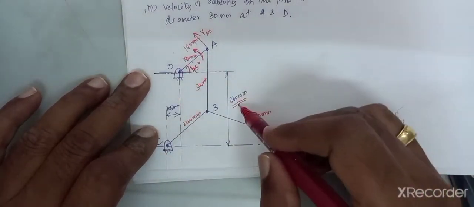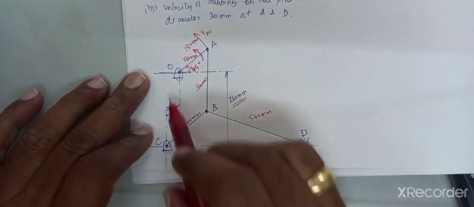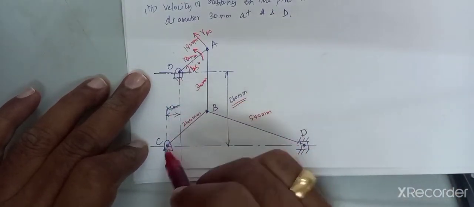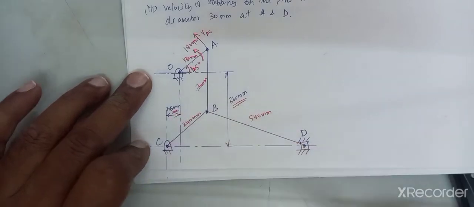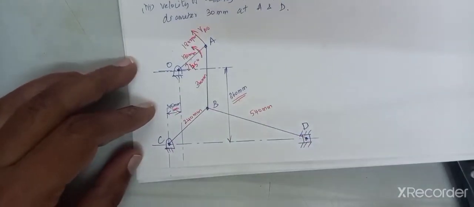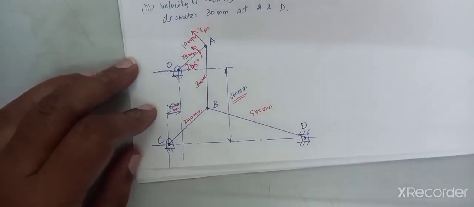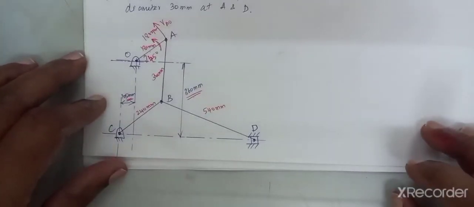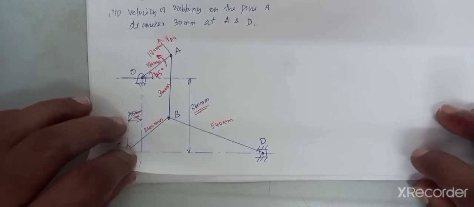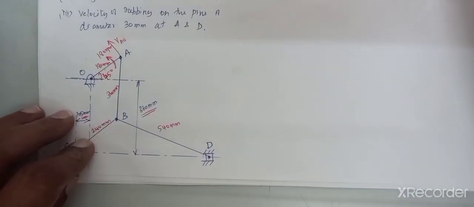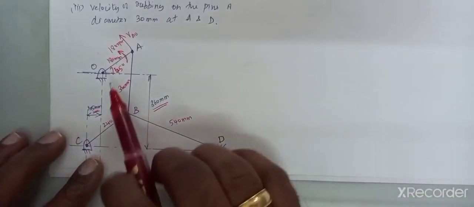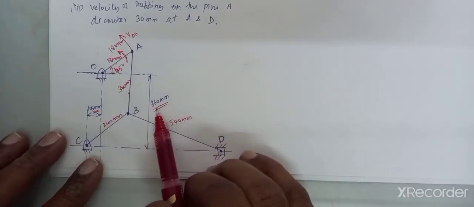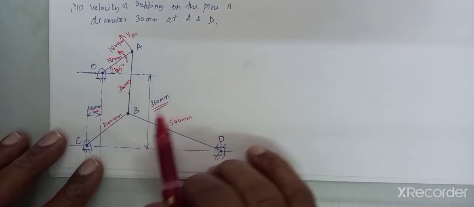Then the horizontal distance between the fixed point O and C is 105 mm. So these are the important dimensions to draw the space diagram of this given drawing. First we have to draw these two axes which are 360 mm apart.